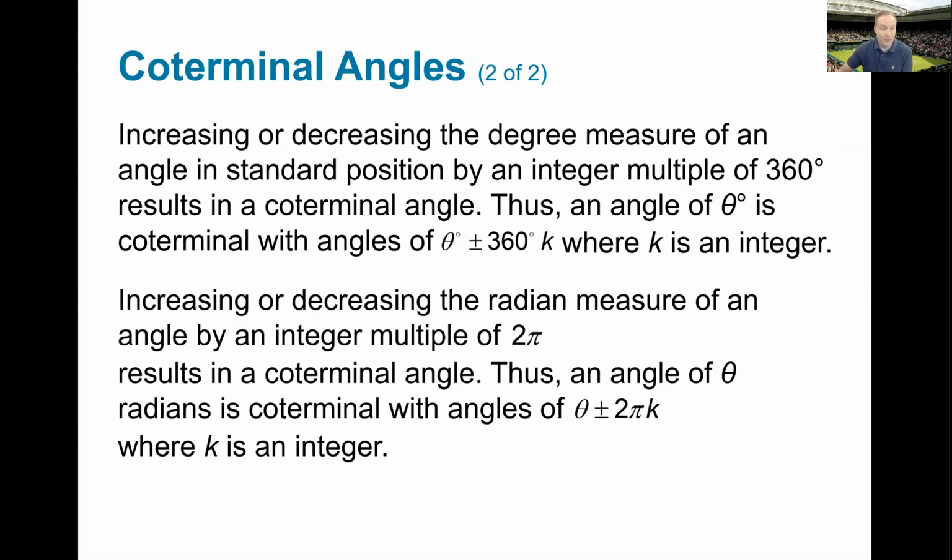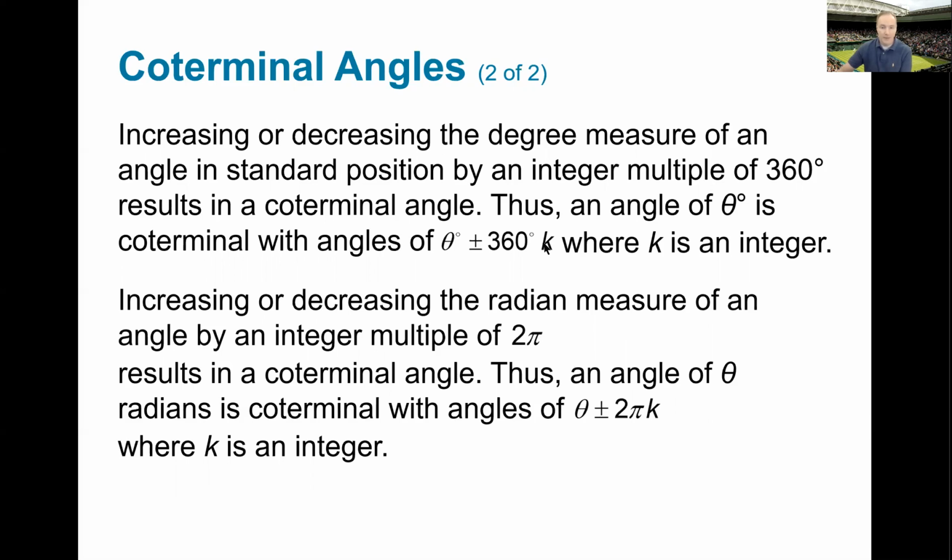And now that's going to happen in degree mode whenever the coterminal angle is any increment of 360 degrees times any integer value k. So k could be 1, 2, 3, 4, -1, -2, -3.